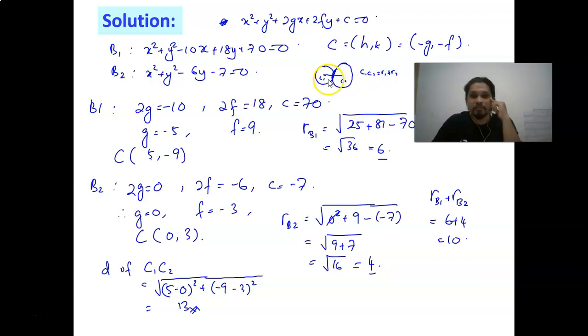Okay, but it's not happening here, because the distance between the centers C1 and C2 is greater than the addition of the radius of B1 and the radius of B2, meaning here C1 C2 is greater than R1 plus R2.